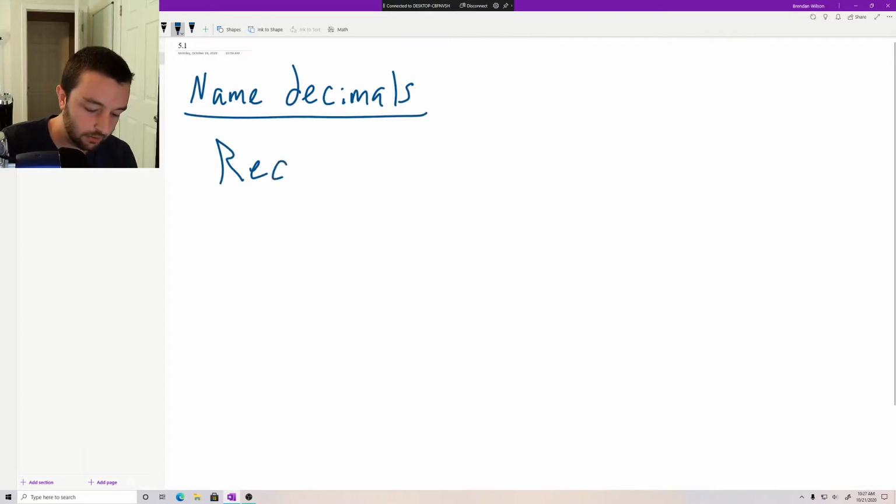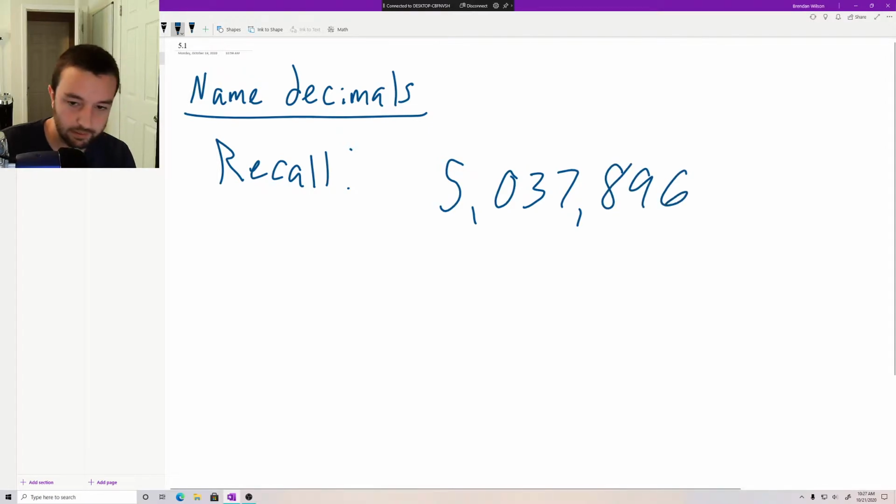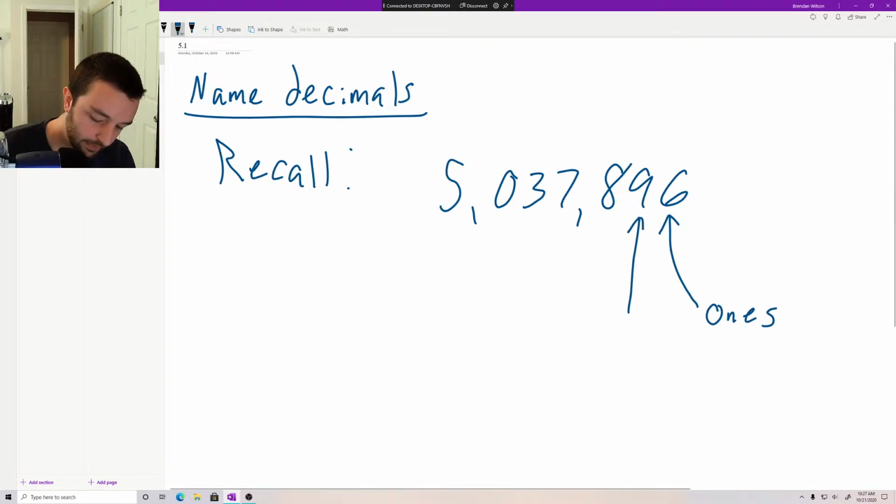So recall, first of all, if we have a number like this, for example, 5,037,896. This number right here was the ones place. This number was the tens place.